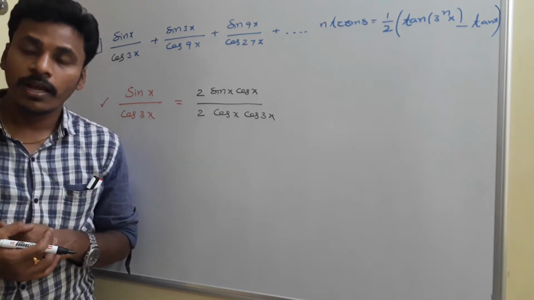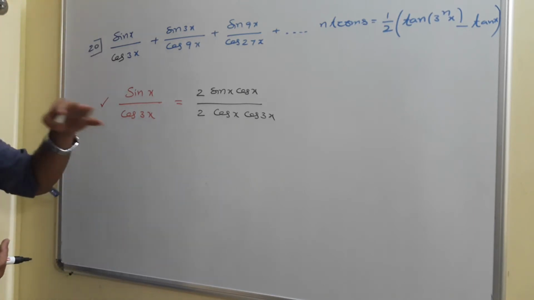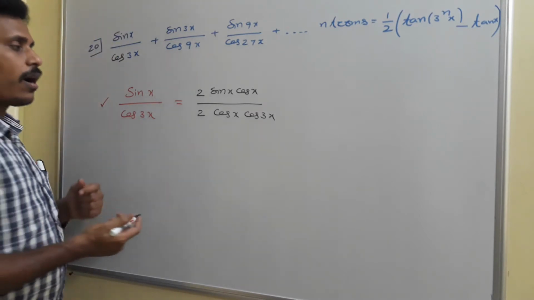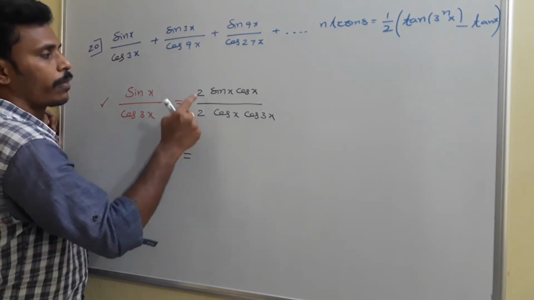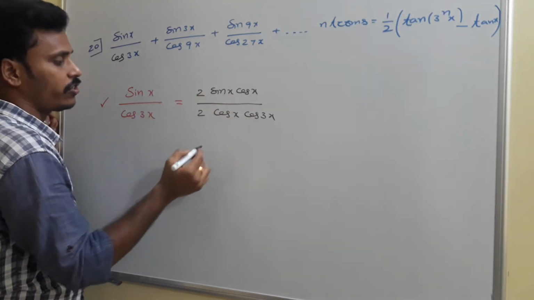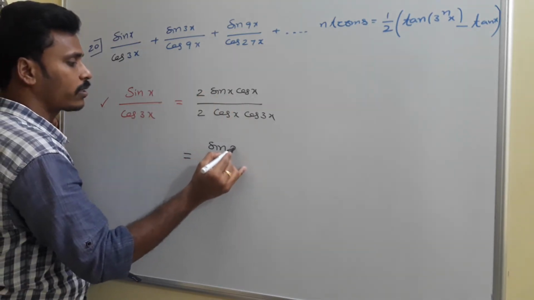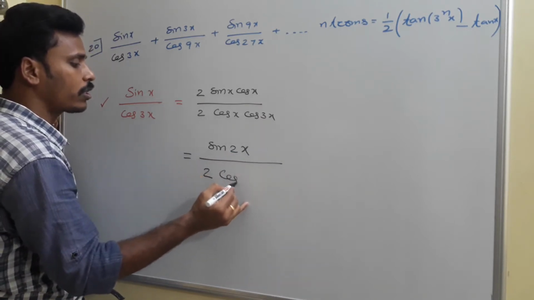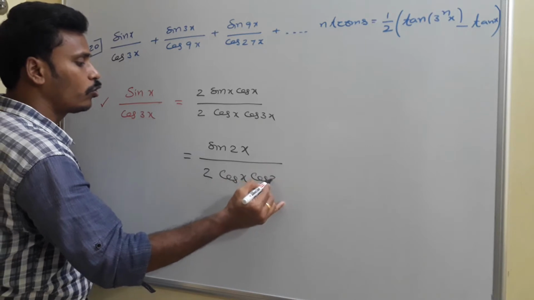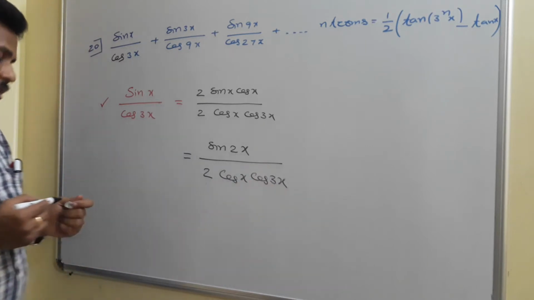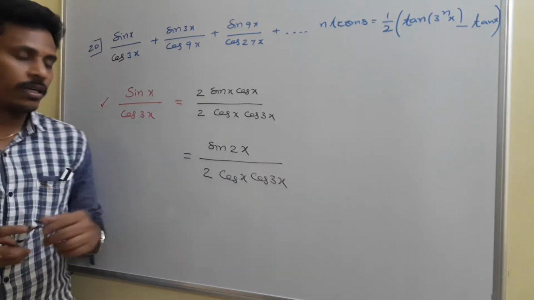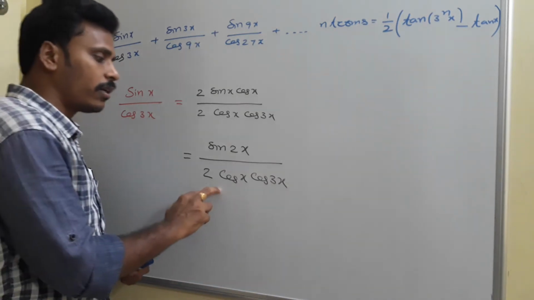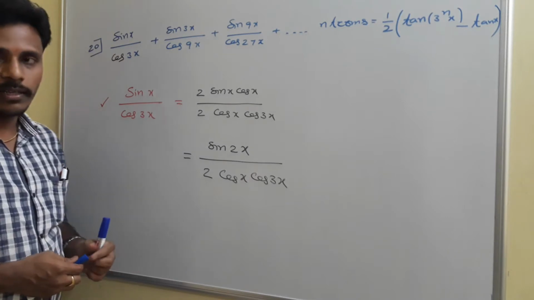What I am doing is I just multiplied both numerator and denominator with the 2 cos x. And now this is equal to 2 sin x cos x, which is nothing but sin 2x. Already we have a rule, and in the denominator both are cos, so you just write it like that, 2 cos x by cos 3x. So the numerator is 2 sin x cos x, which is sin 2x, and in the denominator 2 cos x cos 3x.